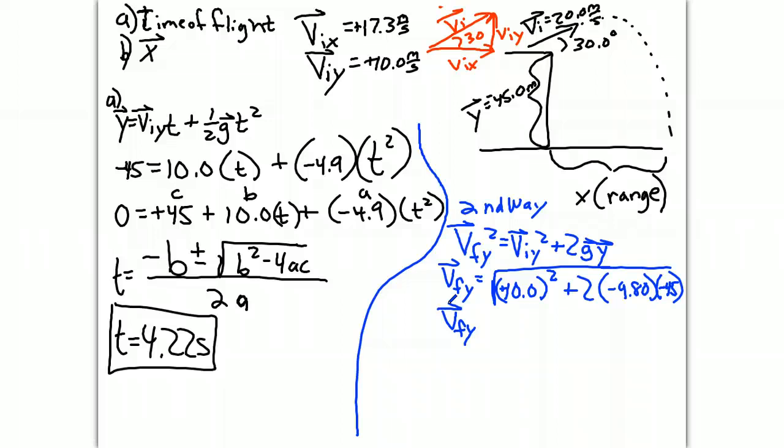All right, so my final value for the y direction would be negative 31.3 meters per second. I'm going to box that here. Make sure you know where that's at.